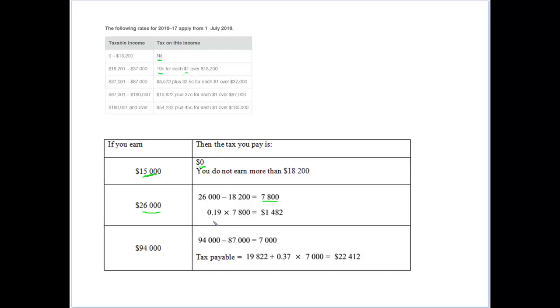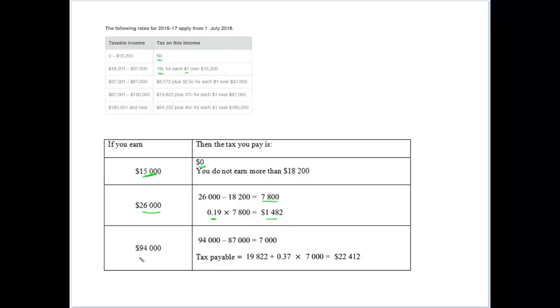So that's why we're going to multiply the $7,800 by 0.19, because that's going to give us our answer in dollars. So you could leave it as 19 and you'd have your answer in cents. It's better to calculate it and work it in dollars. So that's why we put 0.19. Throw all that into your calculator and that'll give you the number.